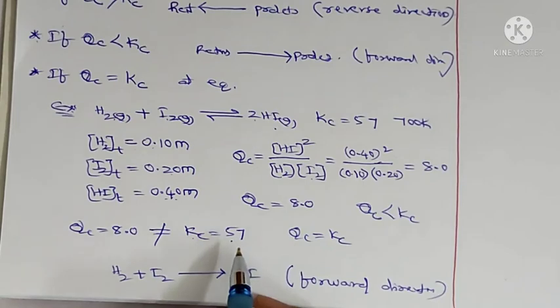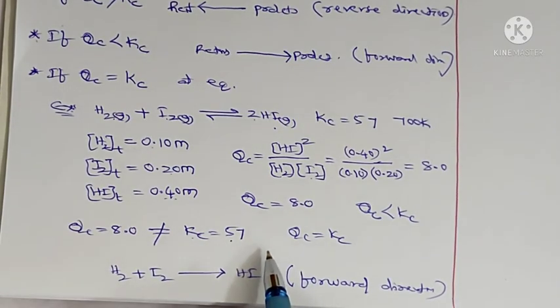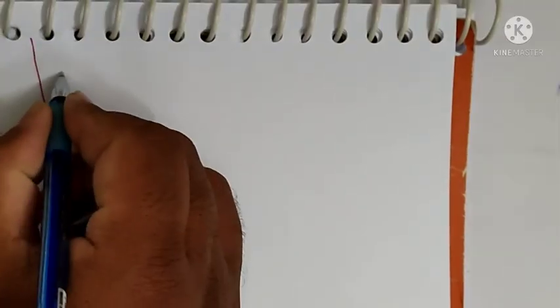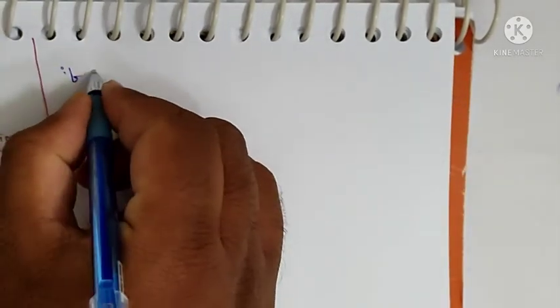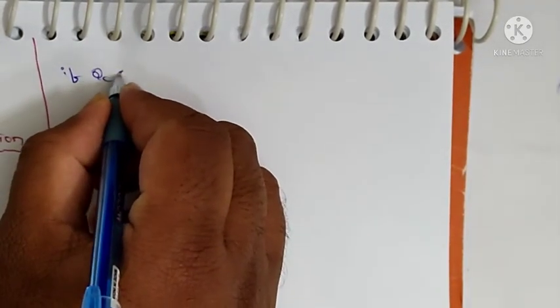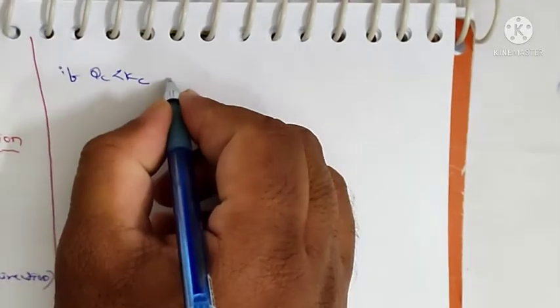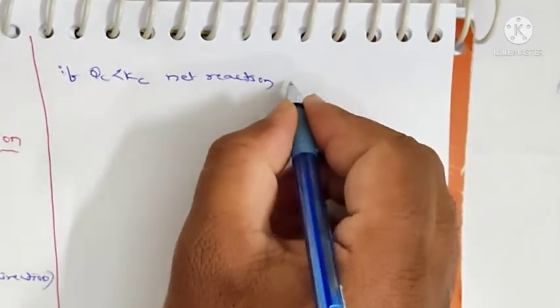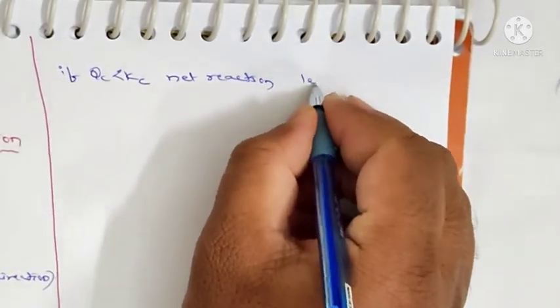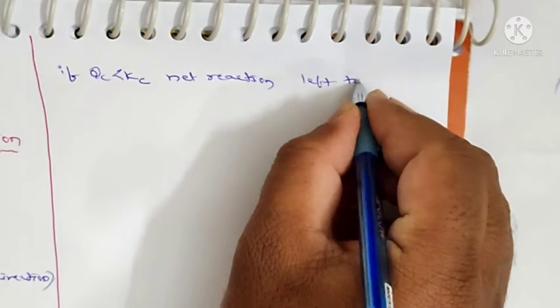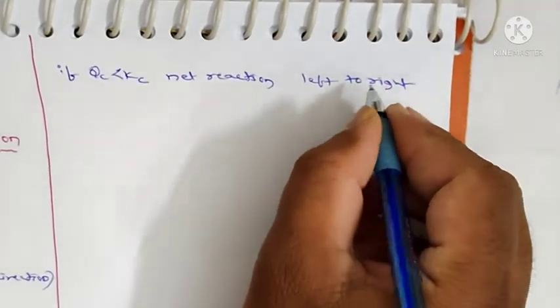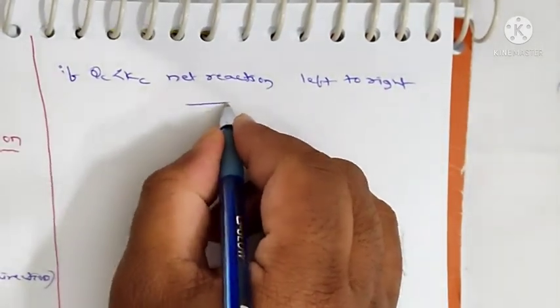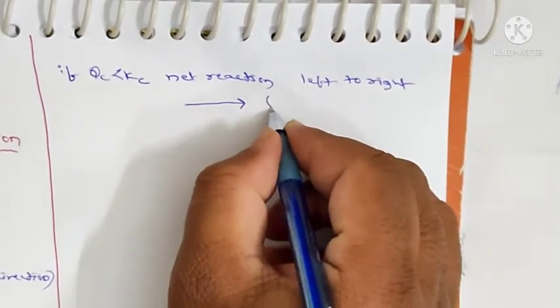So Qc is useful in predicting the direction of reaction by comparing Qc and Kc values. If Qc is less than Kc, the net reaction goes from left to right. Left to right means forward direction.